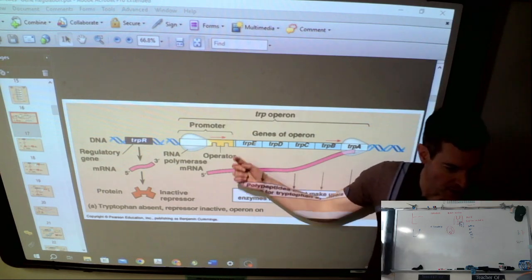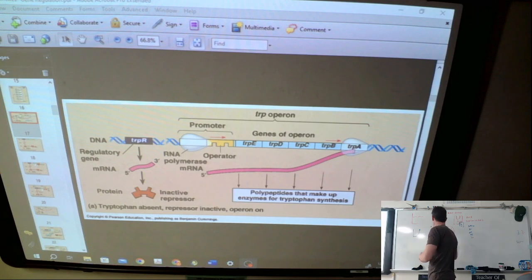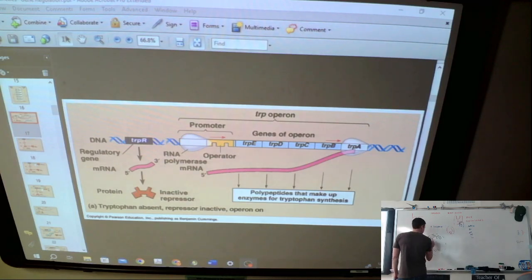In eukaryotic cells, what's a promoter there for? Yeah, that's the beginning of a gene. In a eukaryotic cell, I'd say something like this: here's my DNA, and I've got a promoter. That's the beginning of a gene.